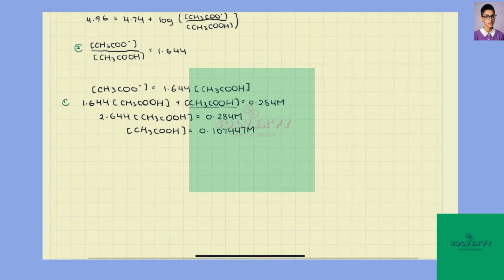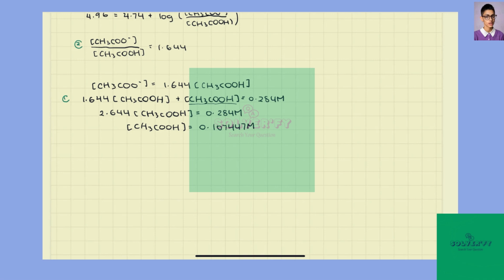We can use this information and plug it back into equation 2, which is a little complicated, but here is our equation. We know the molarity or the concentration of CH3COO minus already. We can just plug it into our equation, which is 1.644, and we will find the concentration of the acid.